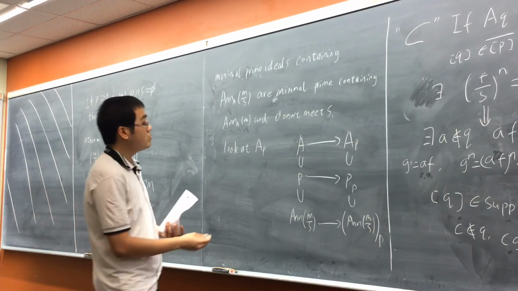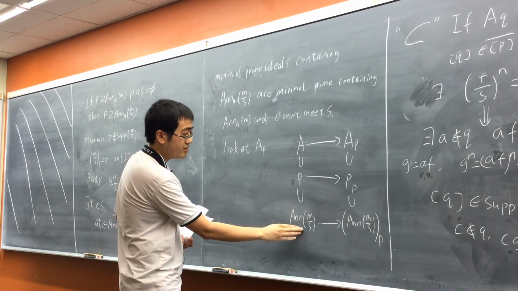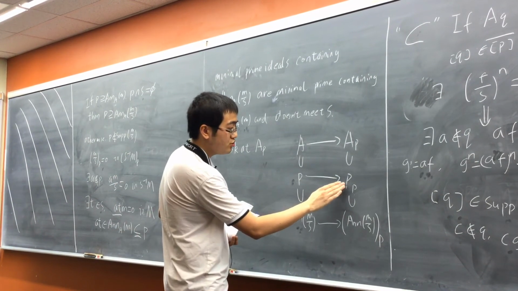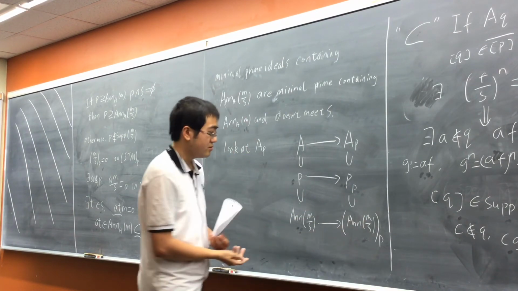So we want to say that if P is the minimal prime ideal containing this, then the localization P_P is the minimal prime ideal containing this.